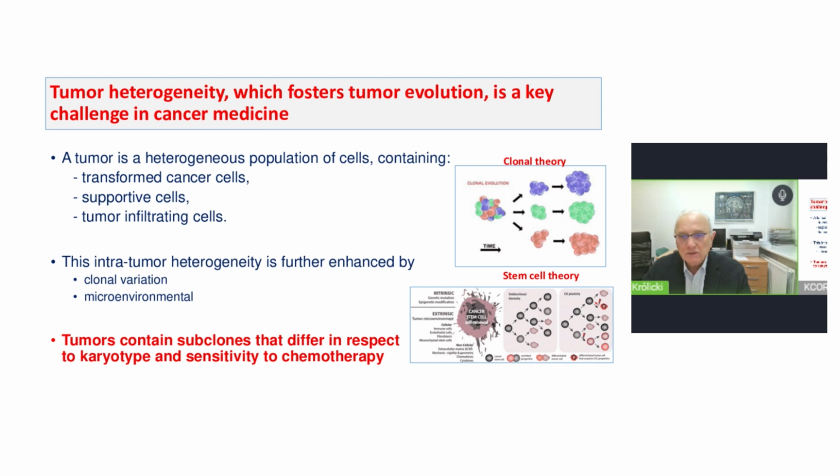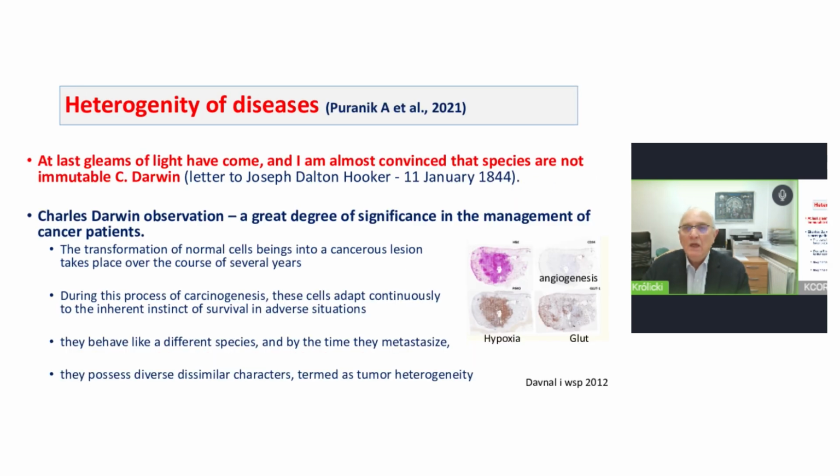There is another theory that is closer to me, about cancer stem cells. These stem cells are more immune to chemotherapy, and they become the foundation for the development of the oncological disease.